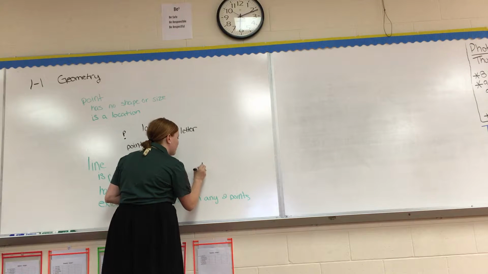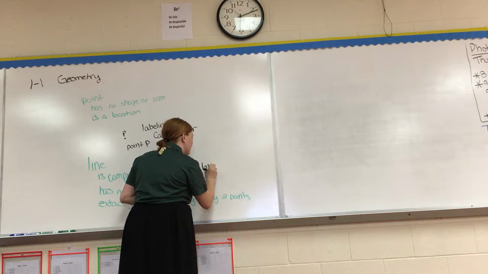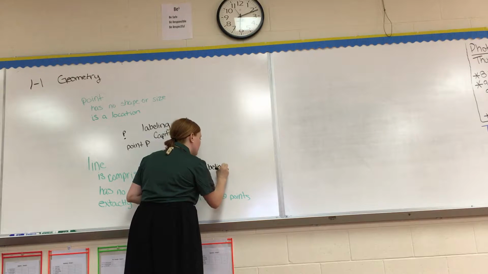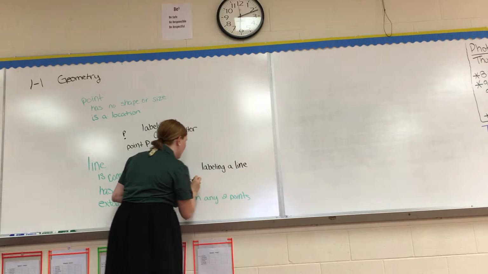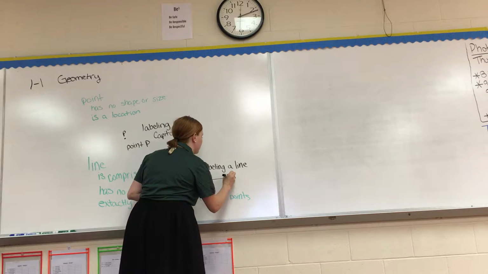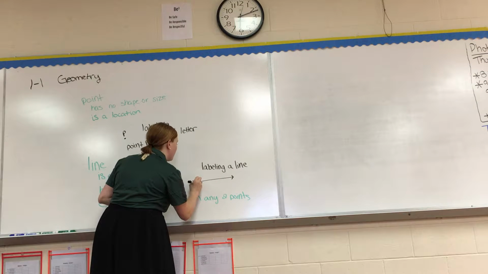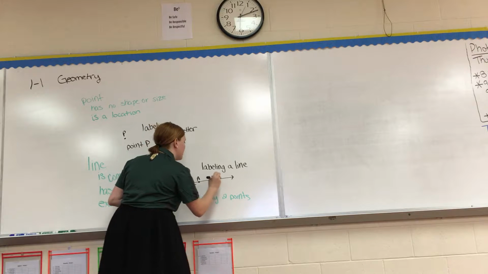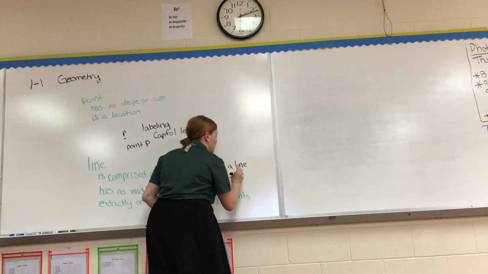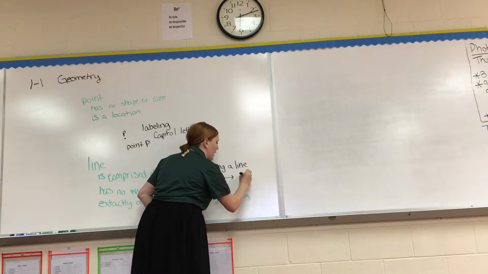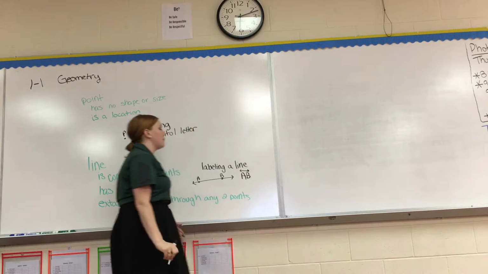So for labeling a line, imagine we have a line here. We have points A and B on this line. This line can be called AB with a little line with arrows on each end over top of it.